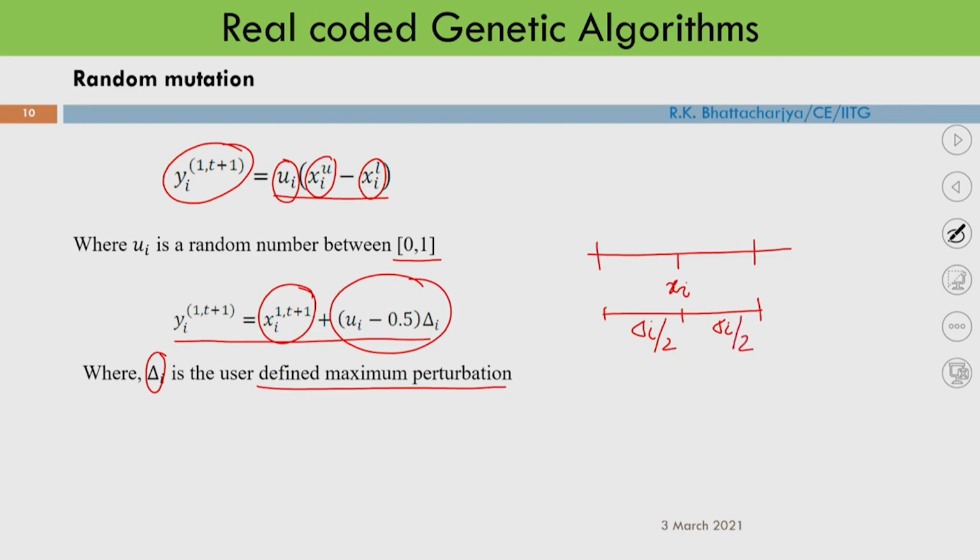Now, u i is a random number, and if the random number is 1, that is the maximum value of this random number, then you are getting 0.5 delta i. That means you will get this value. And if u i is 0, then you are getting minus 0.5 delta i. Therefore, using a random number between 0 and 1, I can generate a new solution using this mutation operator.